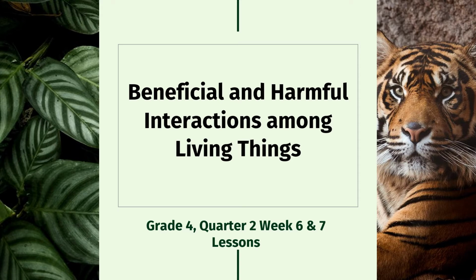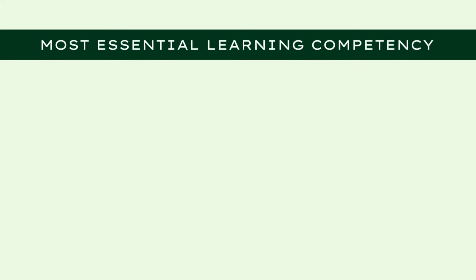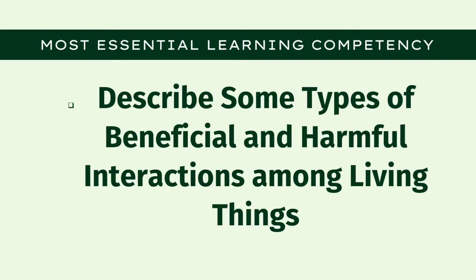Welcome to our lesson, which is all about beneficial and harmful interactions among living things. The most essential learning competency for this lesson is to describe some types of beneficial and harmful interactions among living things.